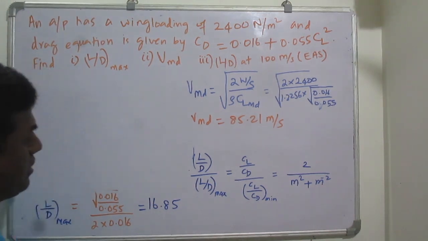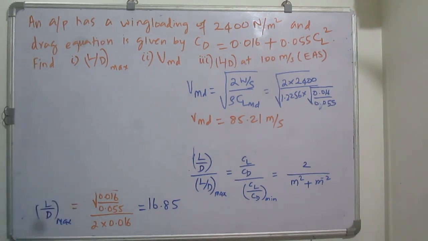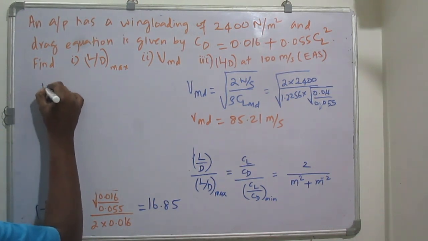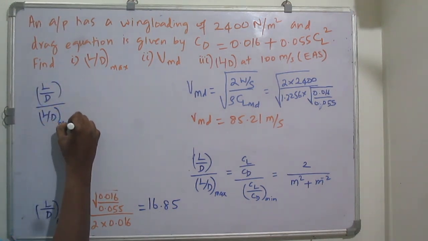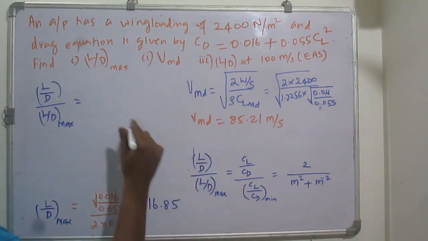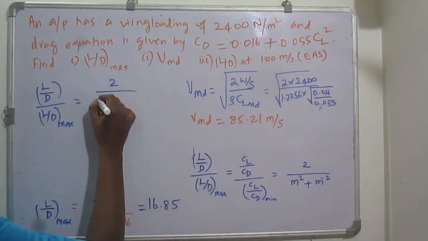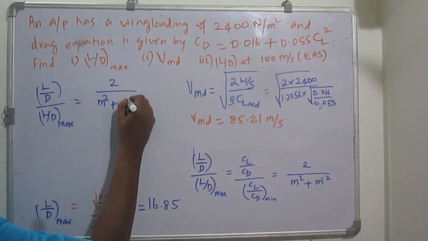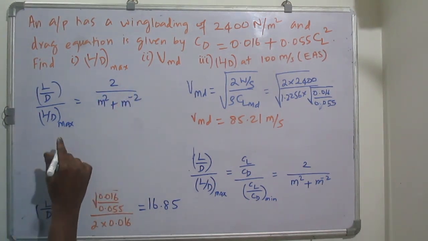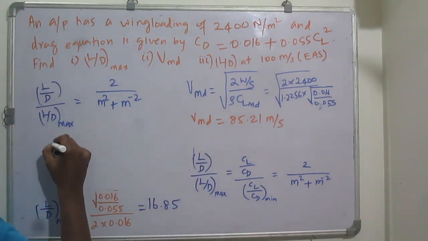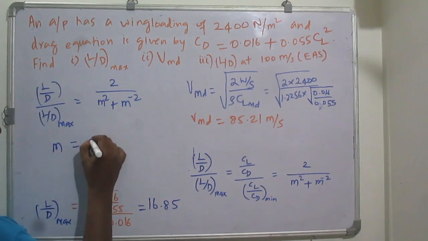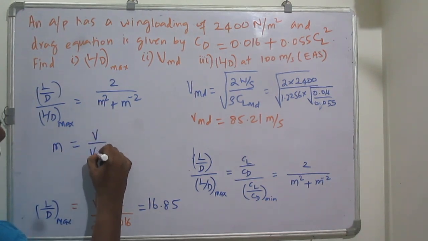So L by D ratio at other speeds, we can write L by D ratio by L by D ratio max, that is equal to 2 by m square plus m power minus 2. Here m we can find out, m is nothing but v by v minimum drag.